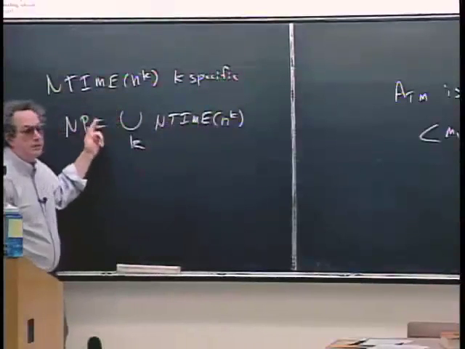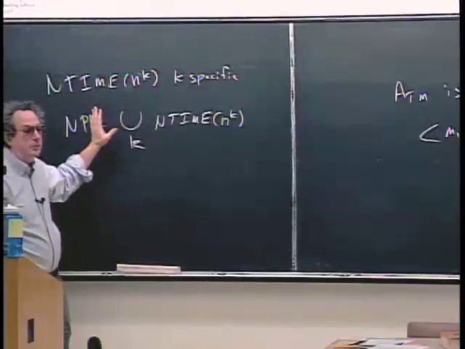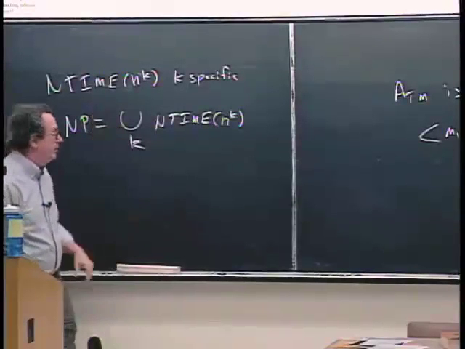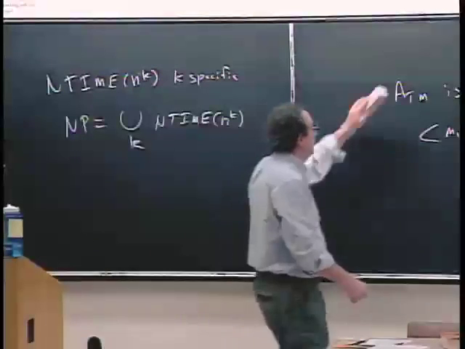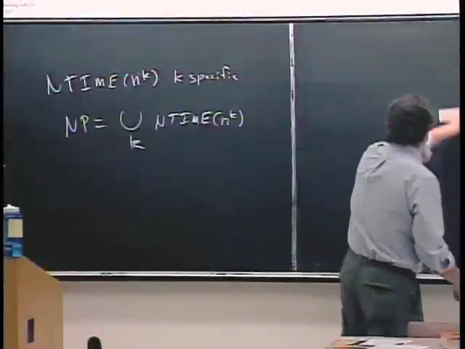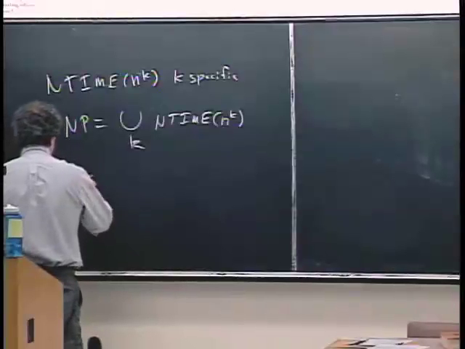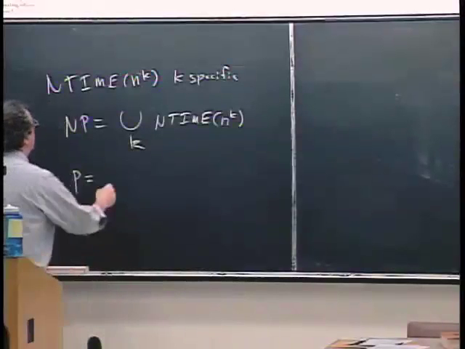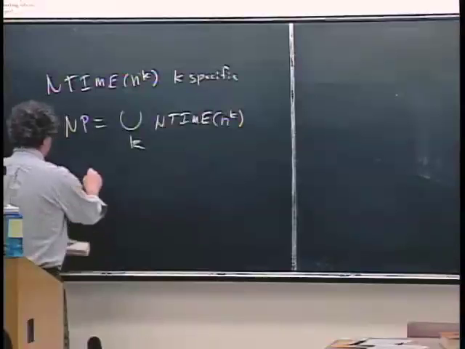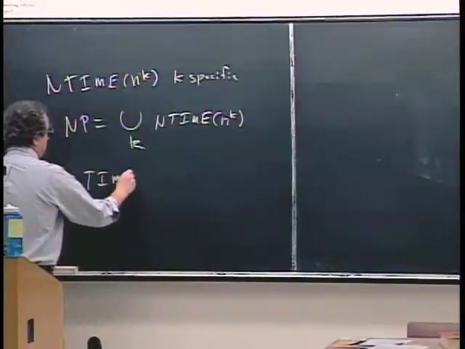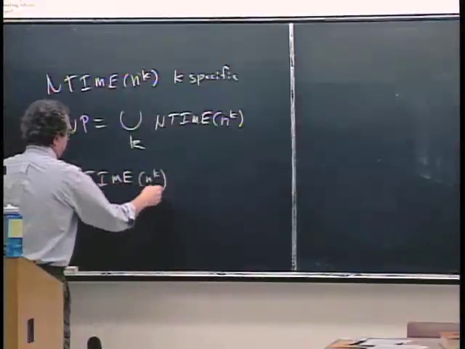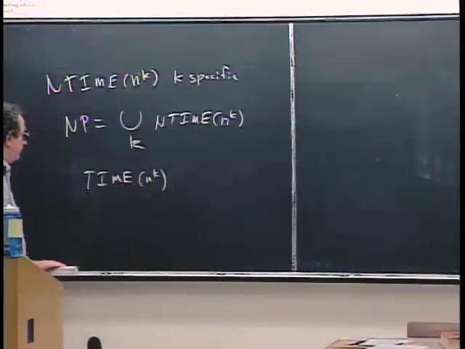All right, any questions about that? I know this is fairly abstract, but we did this last time and in some detail. All right, and we also defined P, of course, earlier. P is equal to, we had defined time n to the k, that's polynomial deterministic time.